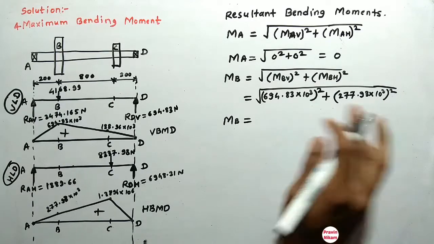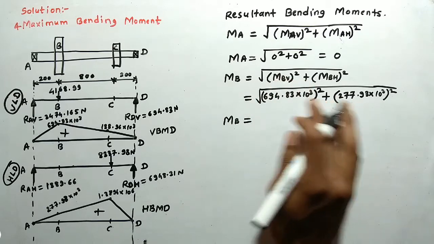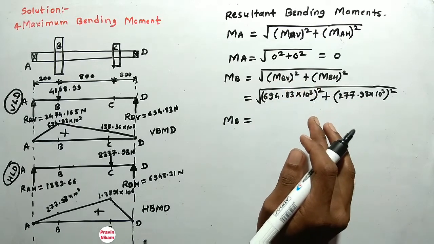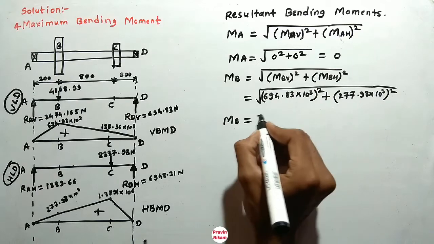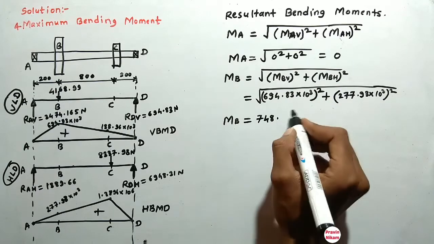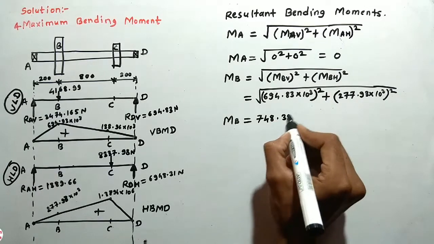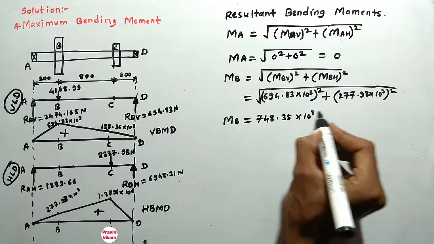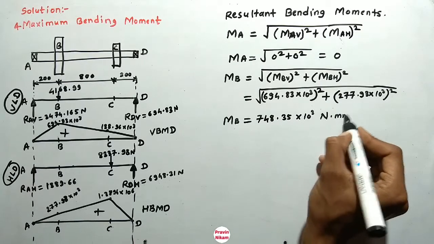So square both the values, then add and then take root. You will get MB as 748.35 into 10 raised to 3 Newton mm.